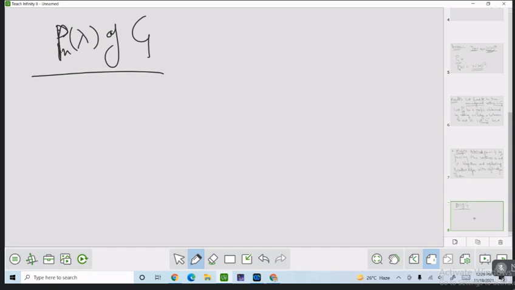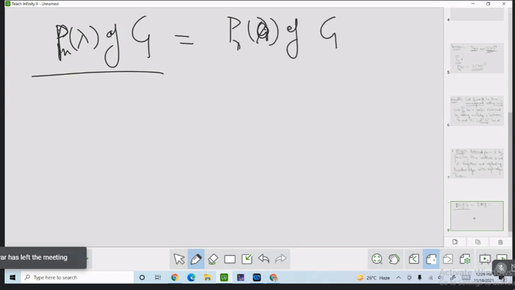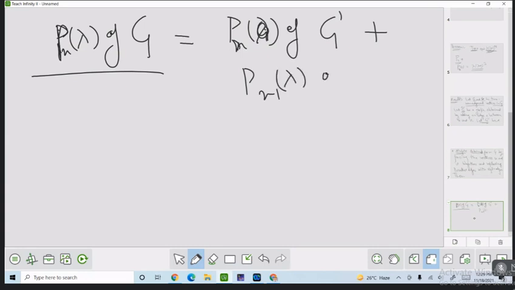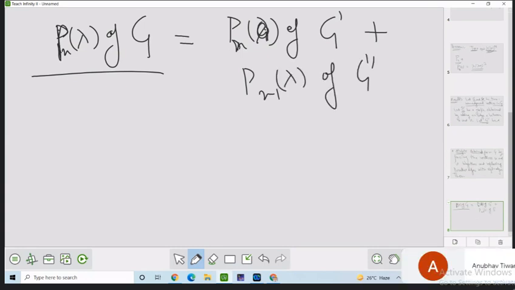P(λ) of G means the chromatic polynomial of G. The polynomial of G is equal to P(λ) of G prime plus P_{n-1}(λ) of G double prime.